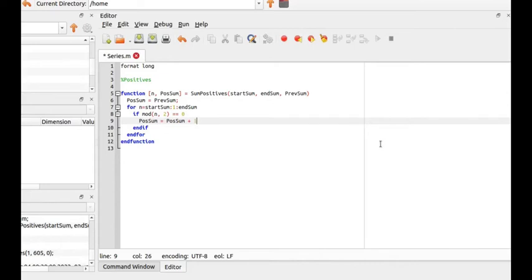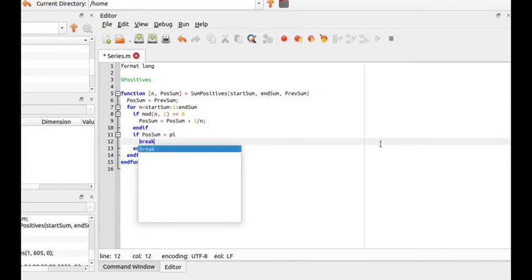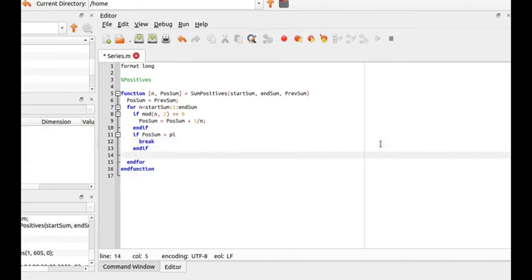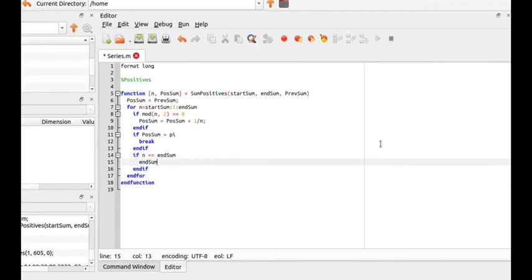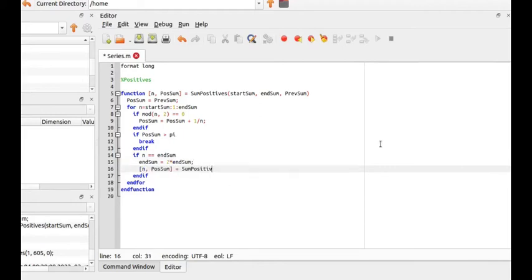So when it is 0, we add to the sum 1 over n. And now we have to check if the sum is greater than pi. If it is, we have finished. And when we get to the extreme of the n, we get to the end sum, then we make the end sum bigger and run our function again. So now we have finished the function and we can test it for the first number n1.